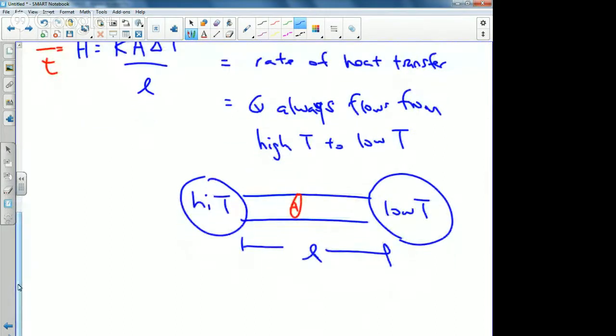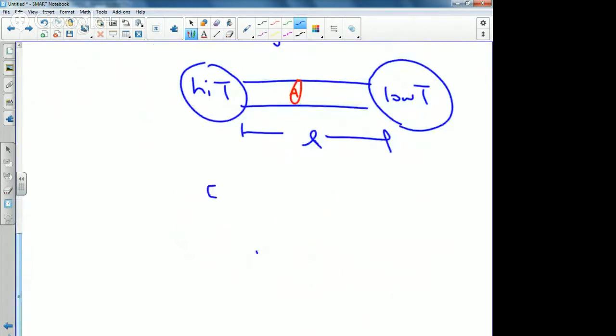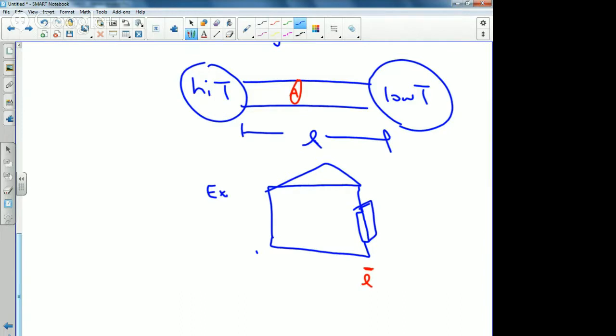But the real-life example that I had given you guys was really about the windows of a house. So we have a house, and there's a window. The thickness of the window is L. The area of the window was A. And you have high temperature inside, low temperature outside, or vice versa. So you end up having some sort of heat transfer going through.